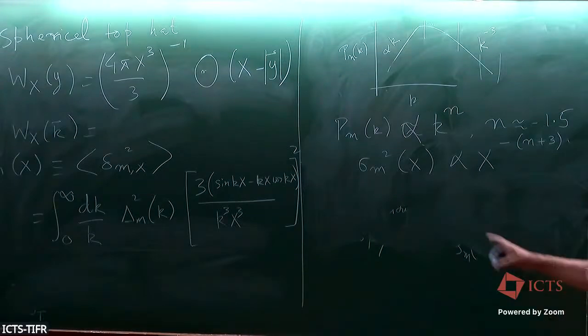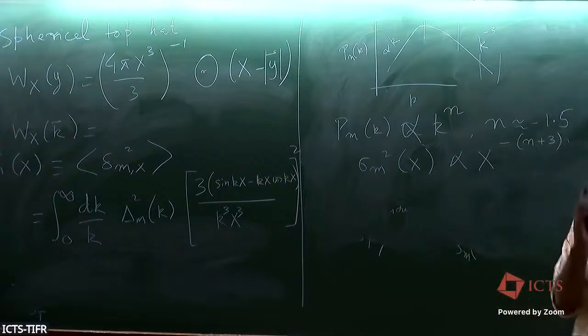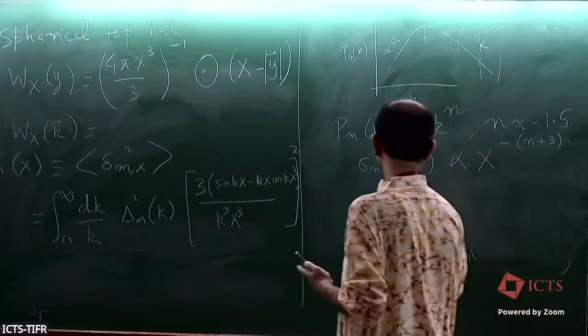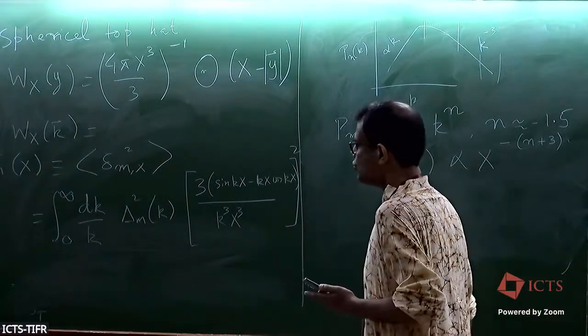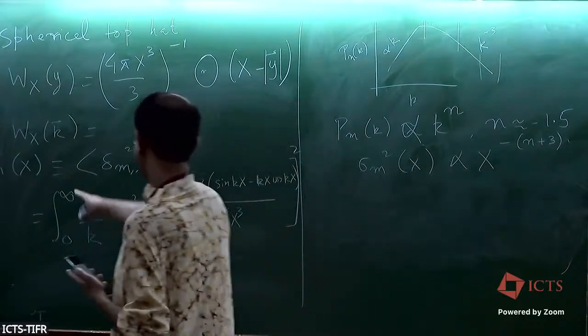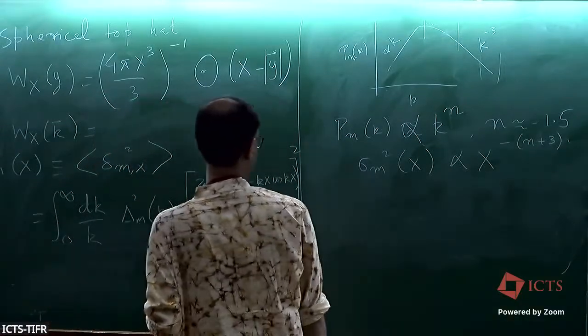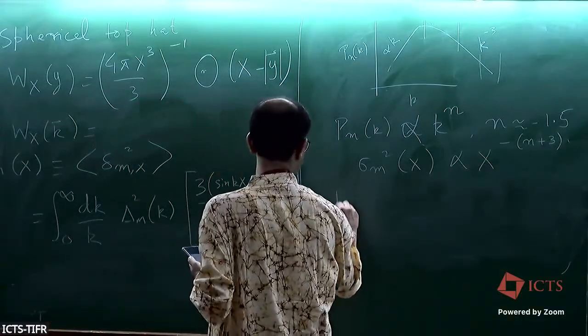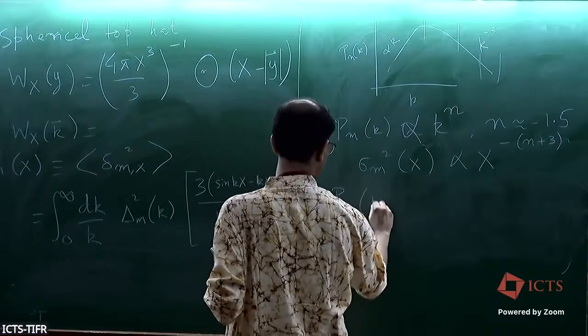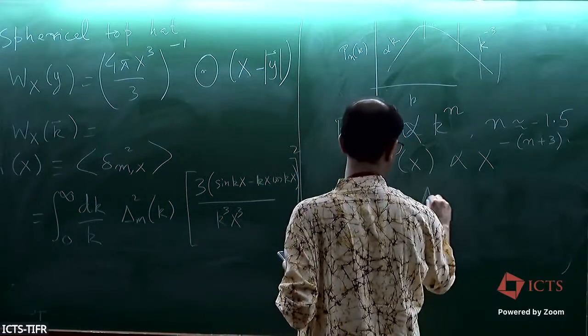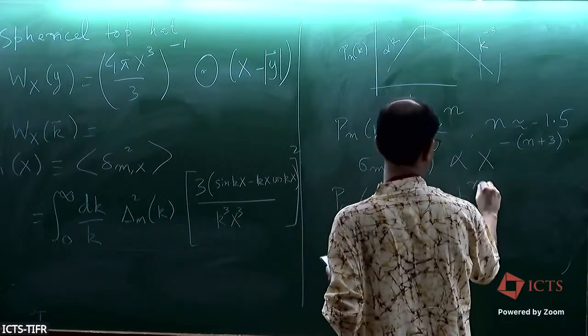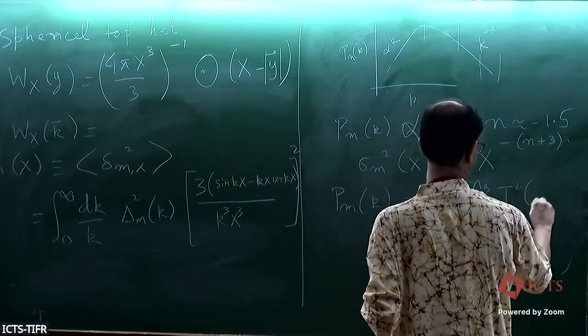This sigma m square has another very important role to play in cosmology. It is to normalize the power spectrum. So if you look here, this is the expression for sigma. And suppose I write the power spectrum as A_s k to the n_s times the transfer function squared.